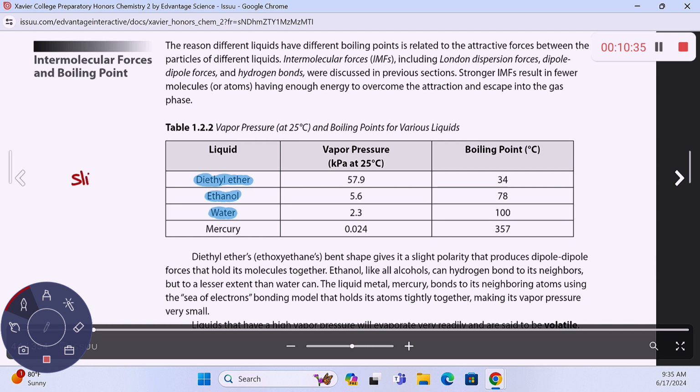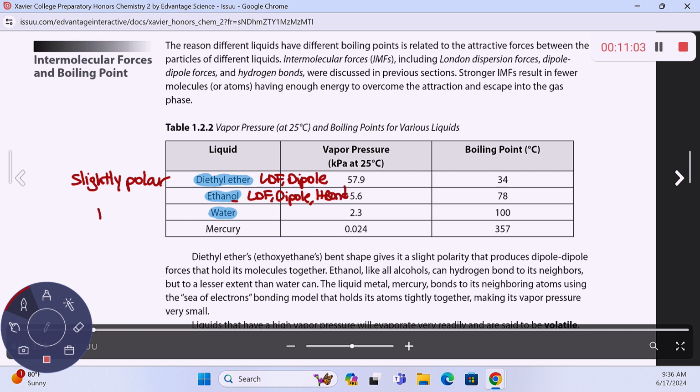Diethyl ether is slightly polar. So that means it's going to have London dispersion forces and dipole-dipole forces. Ethanol has got a hydroxyl group on the end of it because it's an alcohol. So that means it has the ability to hydrogen bond. So it's going to have London dispersion forces, dipole-dipole forces, and it has one location where it could hydrogen bond.